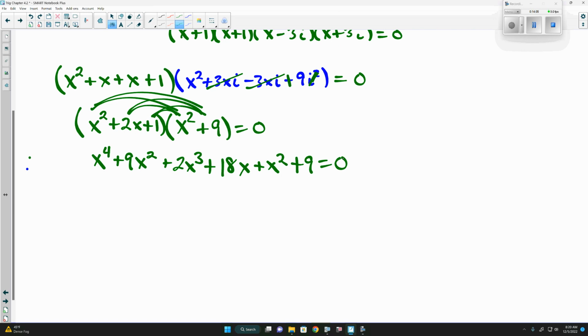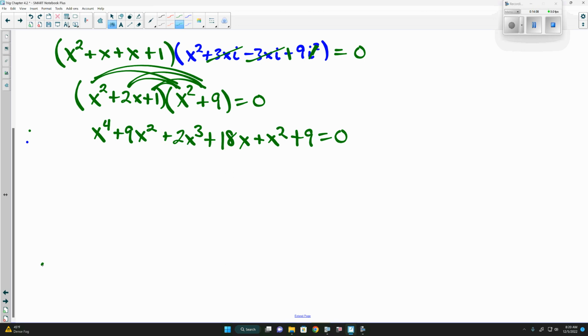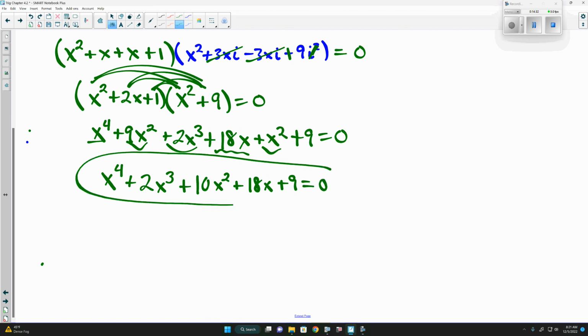Either way works, because in either method, we'll still come down to x to the 4th plus 2x cubed, because that's the only term we have with it. 9x squared plus x squared is going to be plus 10x squared plus 18x plus 9 is equal to 0. And that there is the polynomial function.